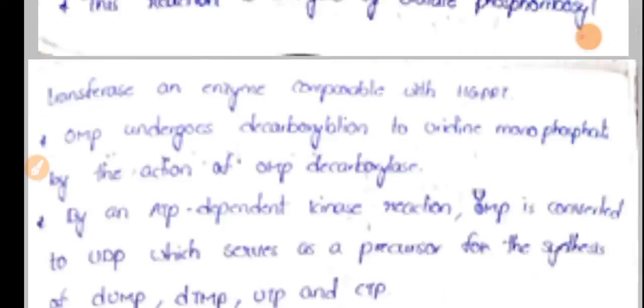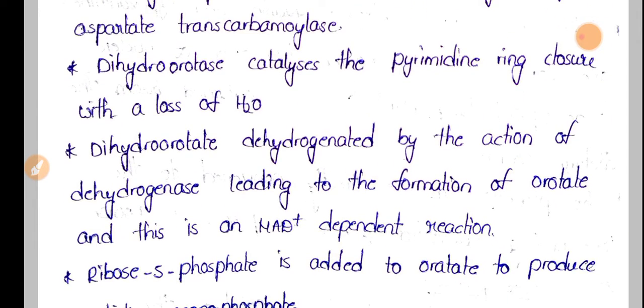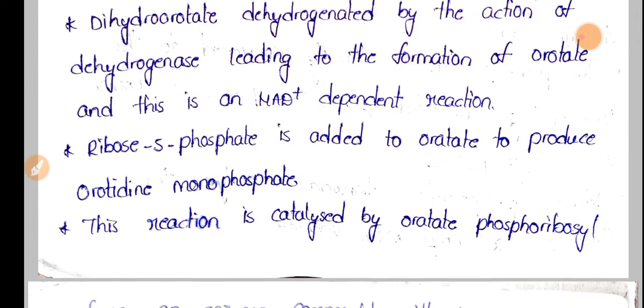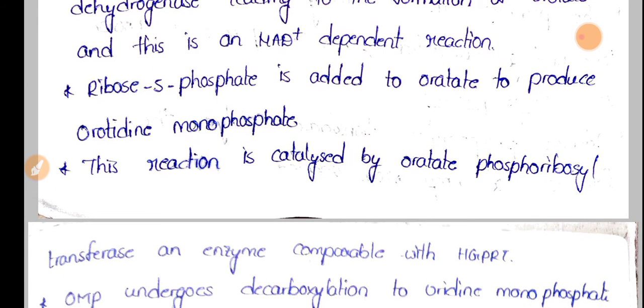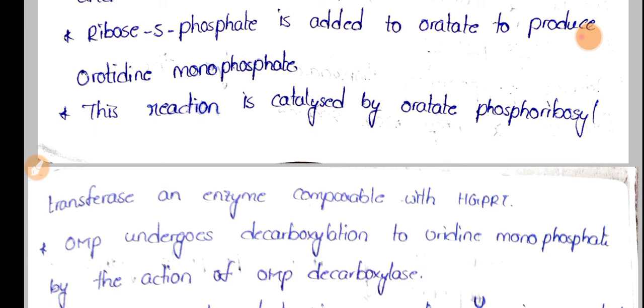Now after this step, orotate is converted into orotidine monophosphate by the addition of ribose 5-phosphate, and this reaction is catalyzed by the enzyme orotate phosphoribosyl transferase.